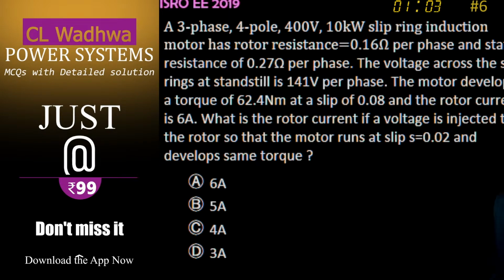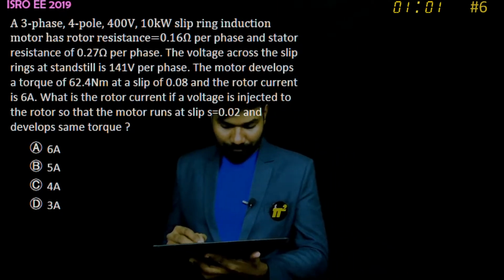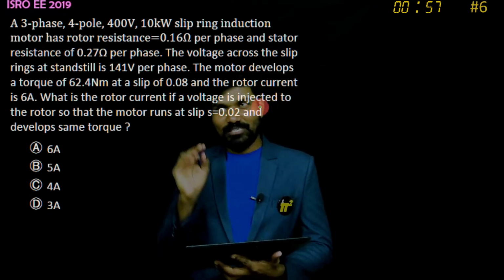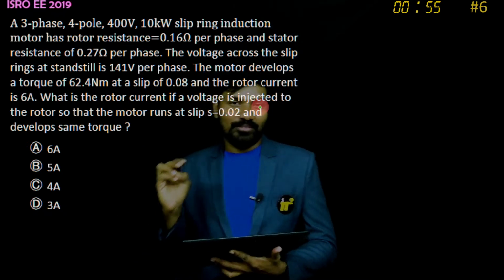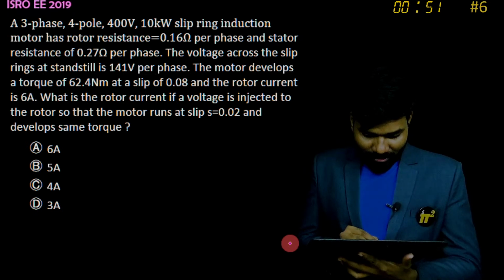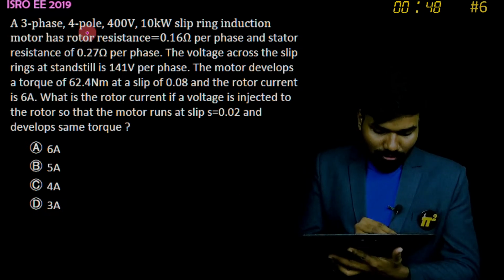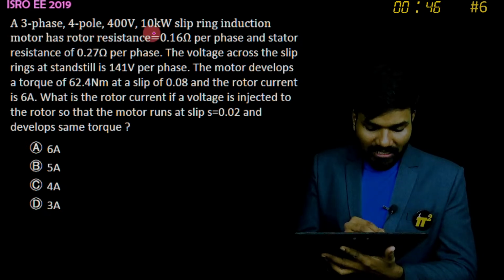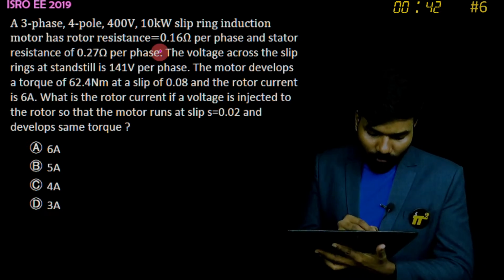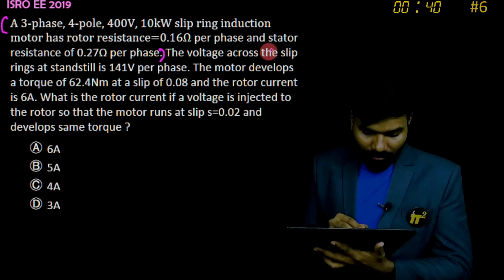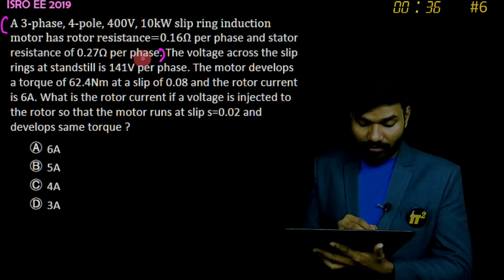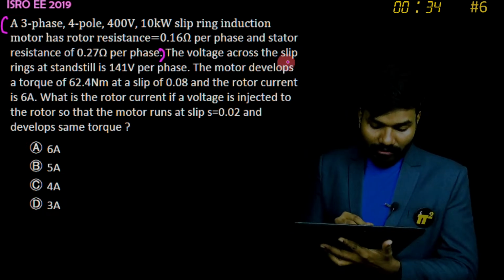Let me explain this as well. See, the question looks a little bigger, but if you do the solution, it will be easier, not so difficult. A three-phase, four-pole, 400 volts, 10 kW slip ring induction motor has stator resistance and rotor resistance given.